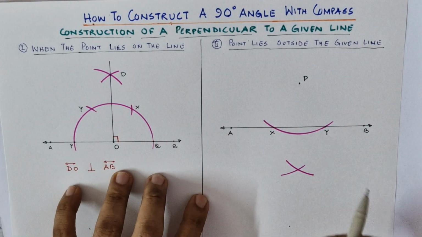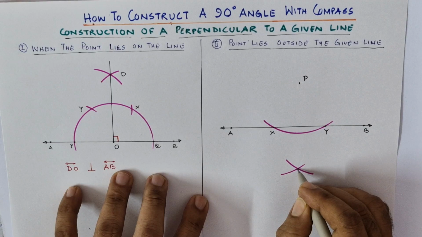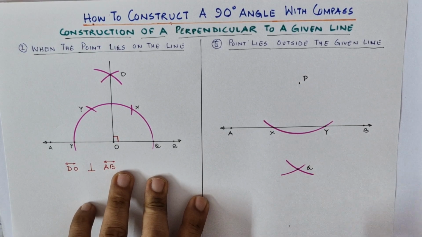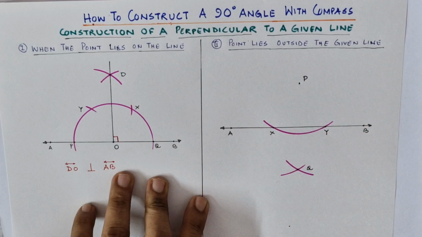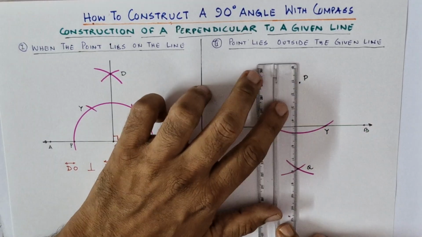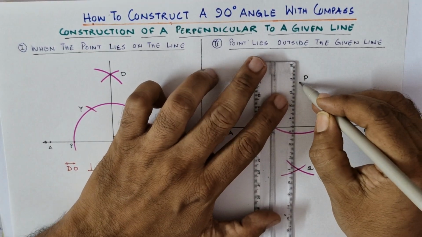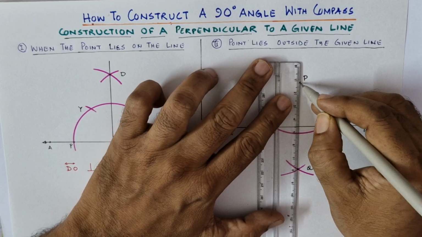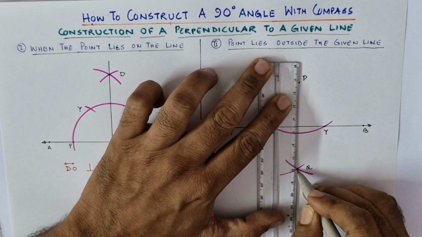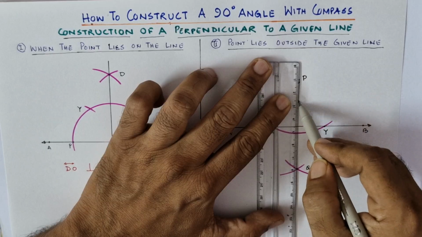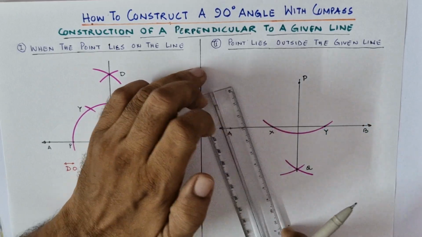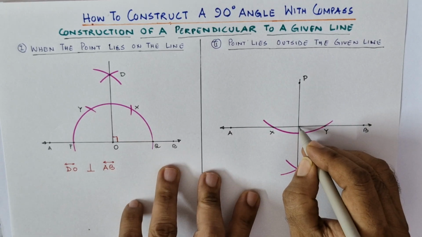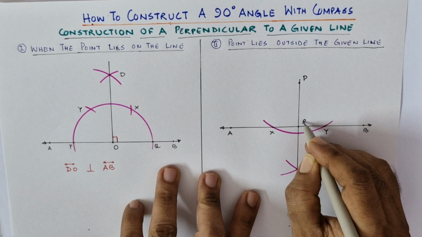Let us point out the intersection point and name it Q. Got it? Now join P and Q. Be very careful: take the point P here and Q here, and now join it. Name this intersection point as R.